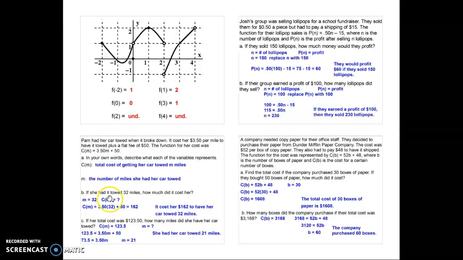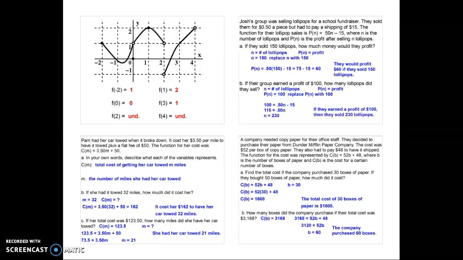Now part B, if she had it towed 32 miles, how much did it cost her? So we know the miles, we know that our M value is 32. What we're trying to find is this C of M, her total cost. So I rewrite the equation, C of M equals 3.50 times 32, because that was my number of miles, plus 50, that's going to give you an answer of 162.